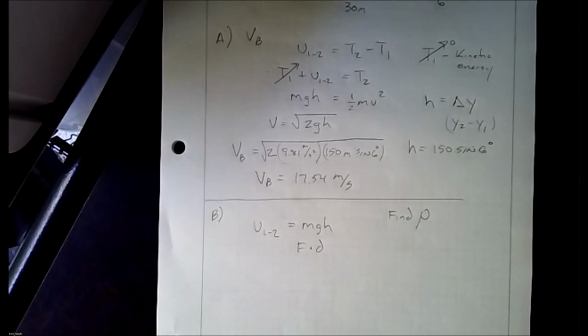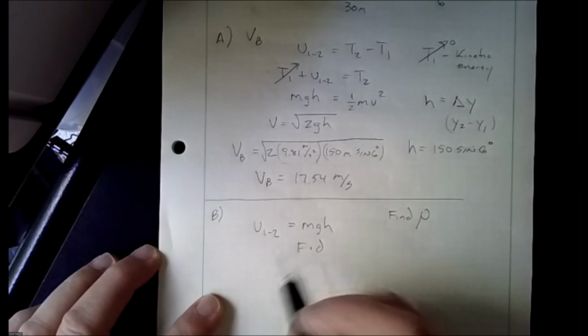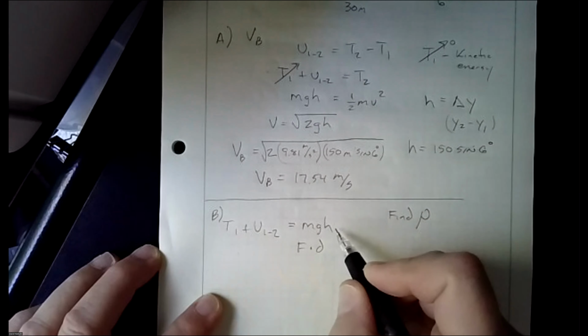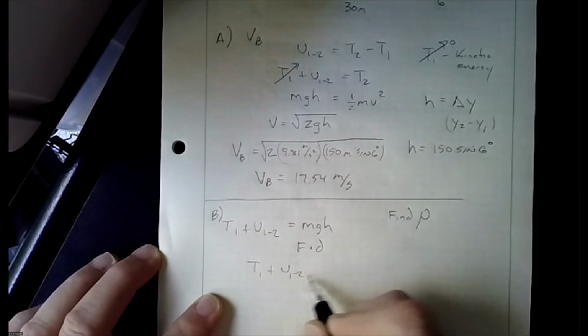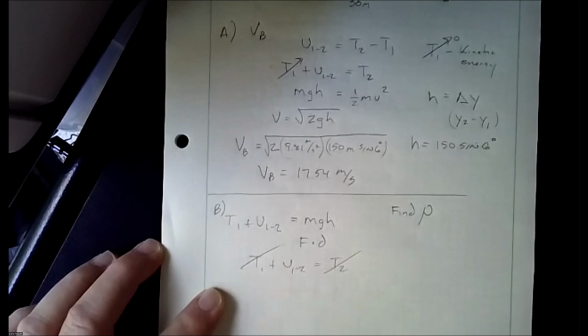Both of these are on the same side, because we started with T1 plus U1 to 2 equals T2. Those are both 0, so that's not right.